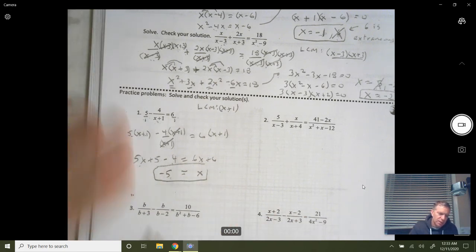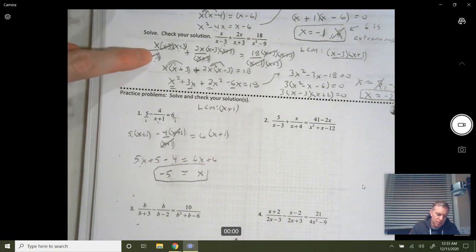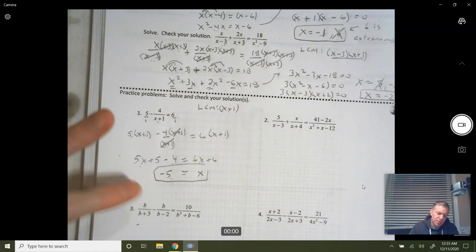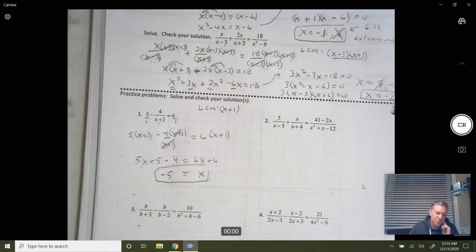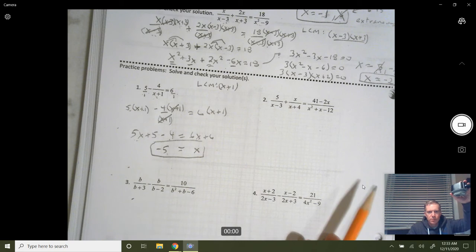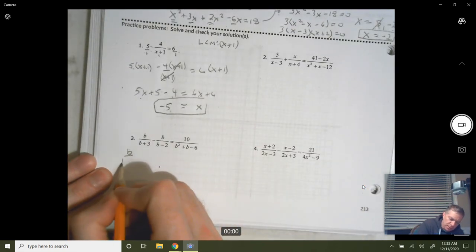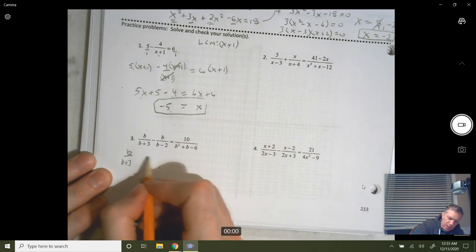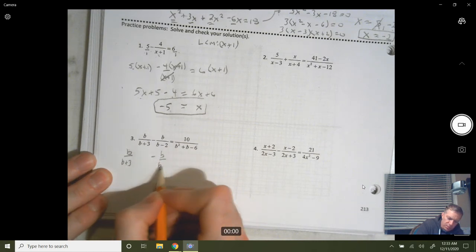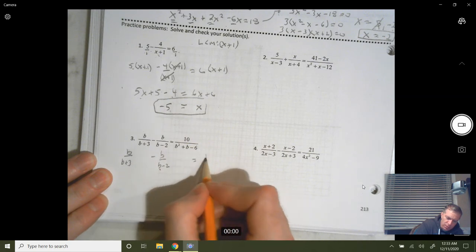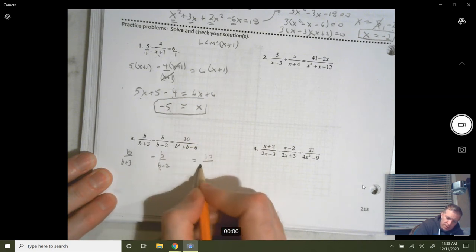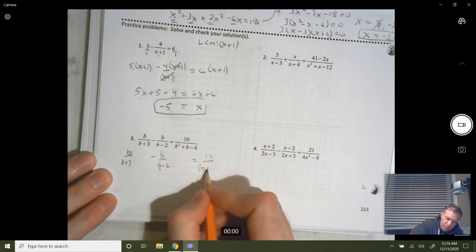And the other three are going to be similar to this one. Interesting. Actually, let's do this one down here, number 3. Okay, they're all kind of similar. We'll do one more. So b over b plus 3 minus b over b minus 2 equals 10 over, and that factors into b plus 3, b minus 2.